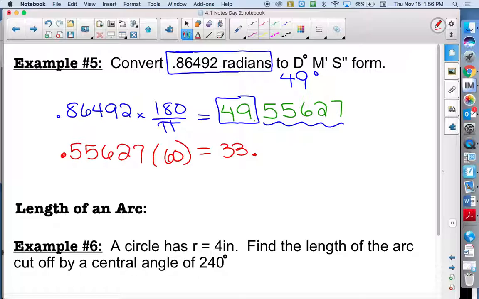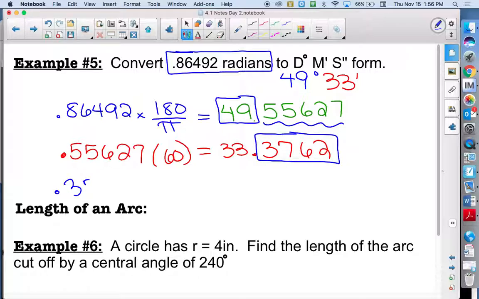Thank you. So I have 33 point, is it 3? What's after that? 762. All right, so now we have 33 minutes. And then one last time, we're going to take this extra piece here, 3762. Brandon?